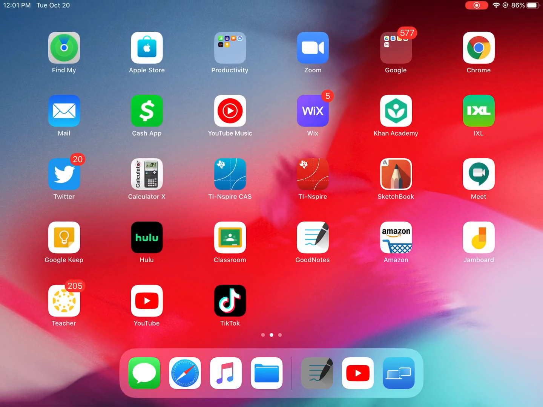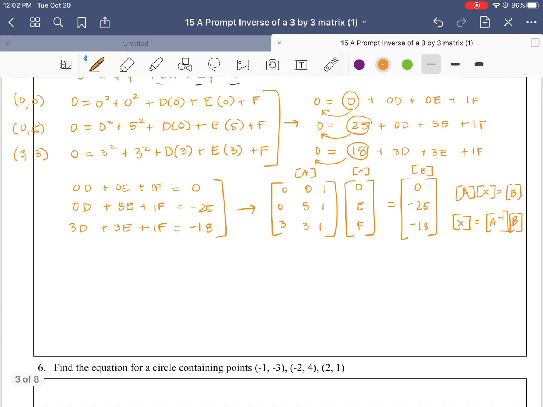So let's go back and write that out. So matrix D, E, F is going to be -1, -5, and 0. So when we write the general form of this equation, we have 0 equals x squared plus y squared plus dx plus ey, sorry, plus f.